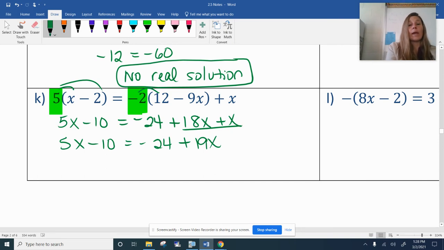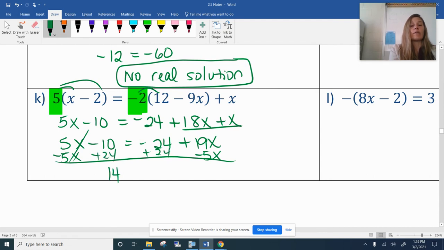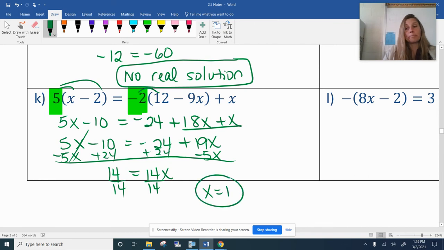Now I'm going to bring all my x's to one side. Since my 5 is smaller, I'm going to move that one. That's going to force me to move my 24 to the opposite side. So that gives me 14 equals 14x, which of course you then divide, and you get x equals 1.